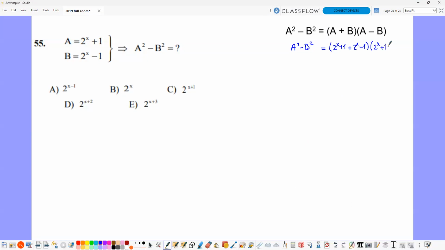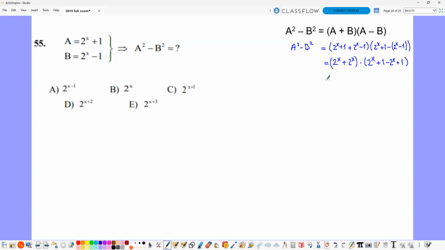plus 1 minus, since there are two terms, I have to write these two terms in parentheses like this, then I should close in this form, which is equal to 2 to the power of x plus 1 plus 2 to the power of x minus 1, times 2 to the power of x plus 1 minus 2 to the power of x plus 1.